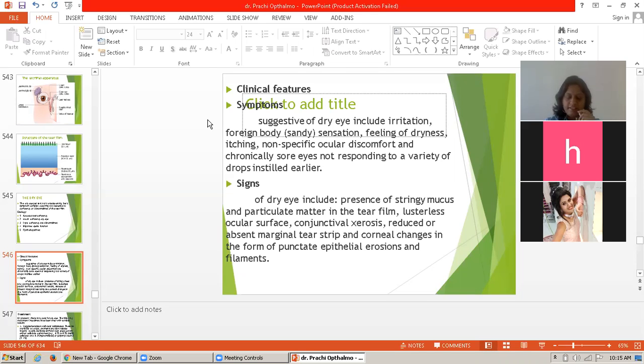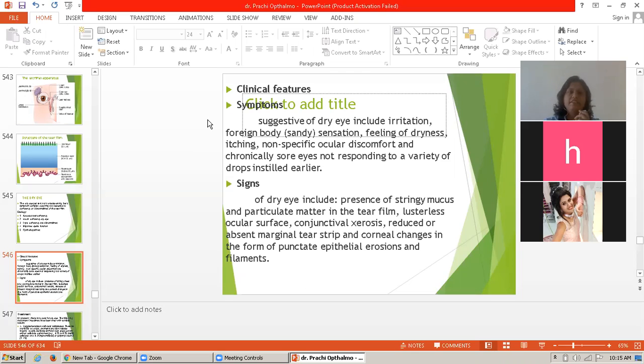In most situations, it results from a localized immune-mediated inflammatory response affecting both the lacrimal gland and the ocular surface.